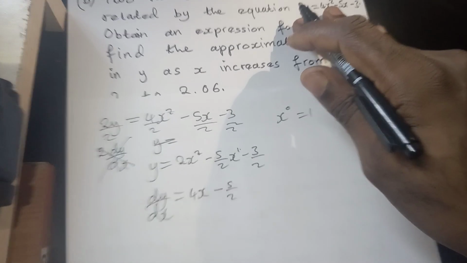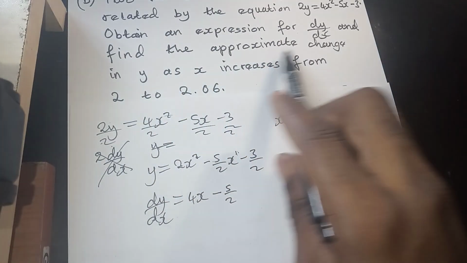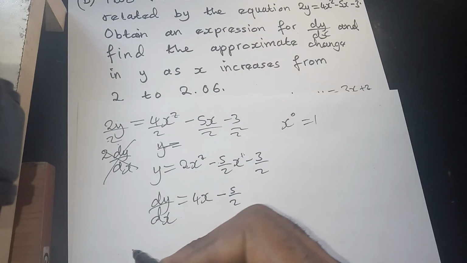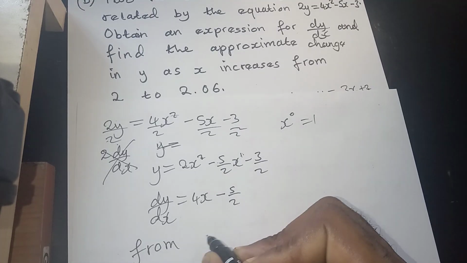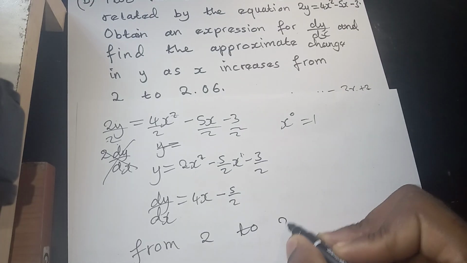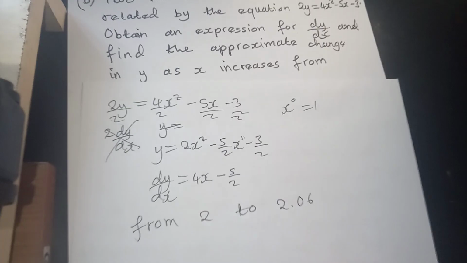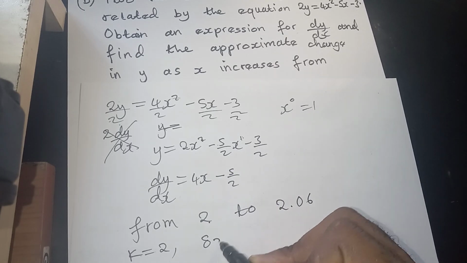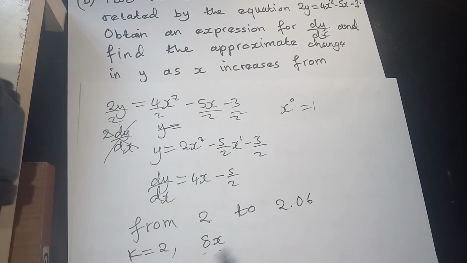To solve the second part, which says find the approximate change in y as x increases from 2 to 2.06. In this case, the initial value of x is called k, and then the change in x is denoted by delta x.